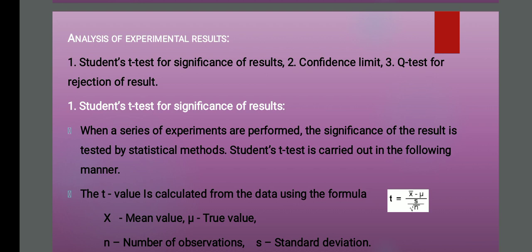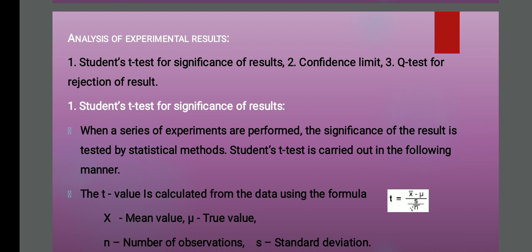I'll repeat the formula: t equals x bar minus nu divided by s, the whole divided by square root of n.